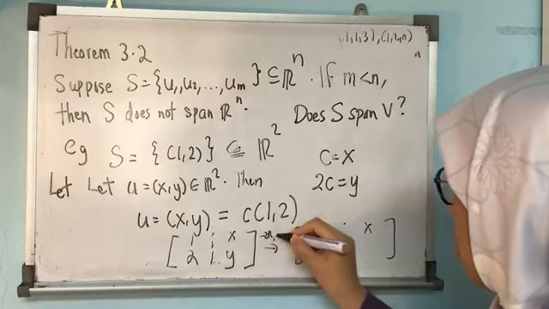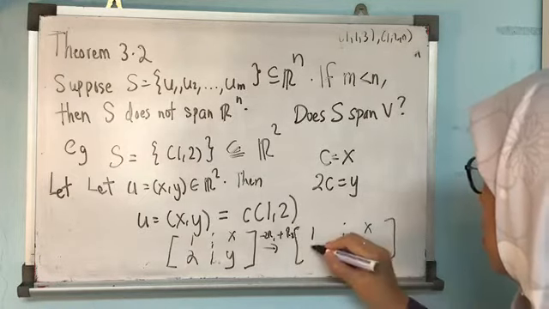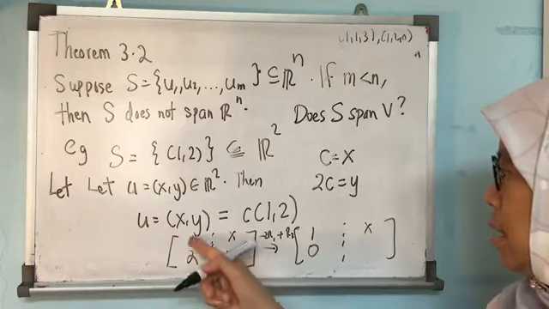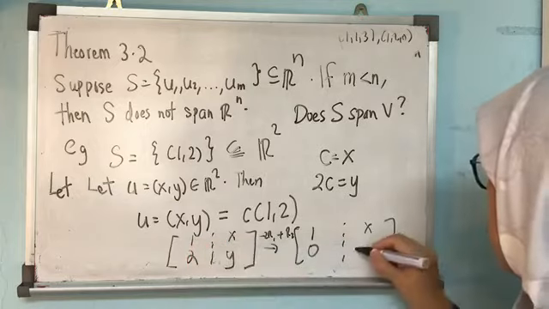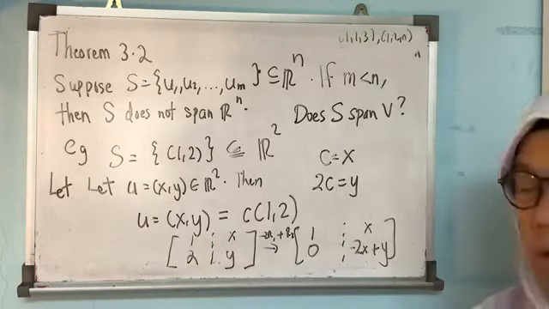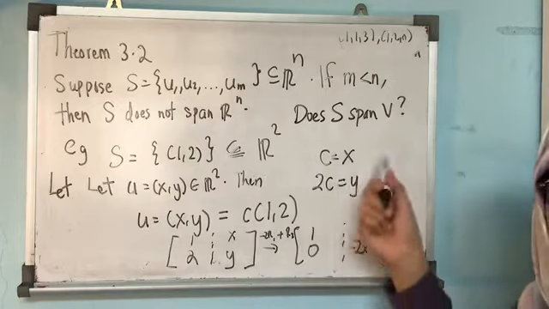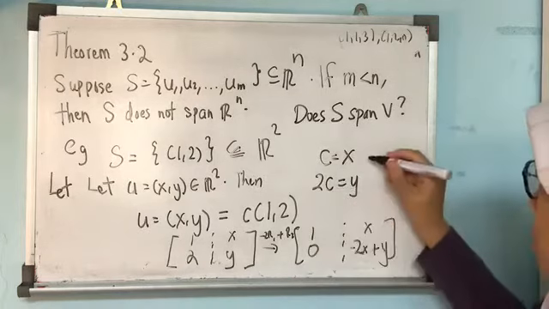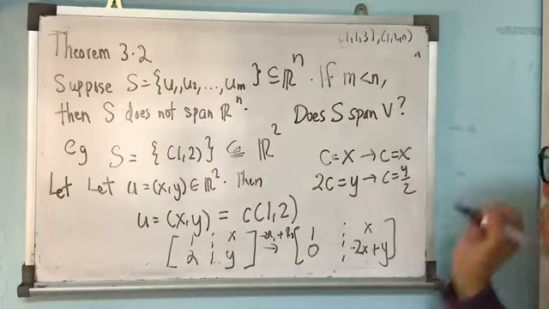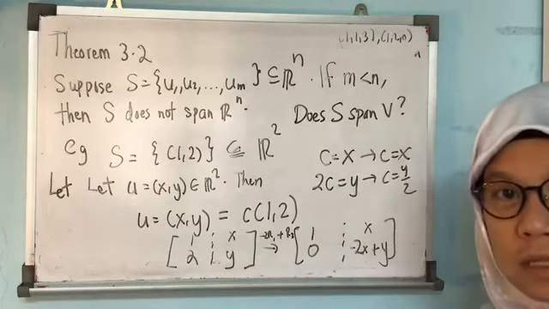Negative 2 R1 plus R2, 0, negative 2X plus Y. By solving this, you cannot really see what's happening. What is C? C from here is X. C from here is Y over 2. Then you will say there is a solution.